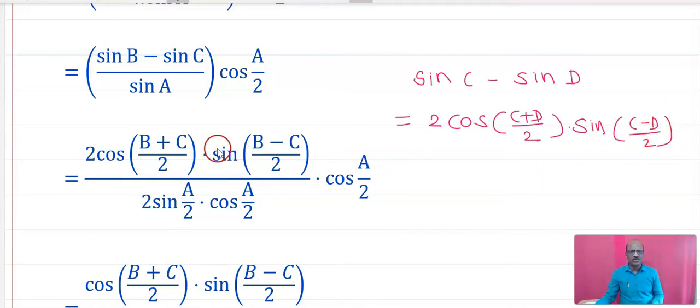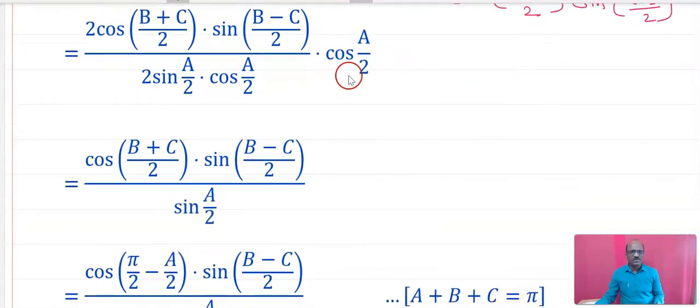Now the same formula we apply here. That is 2 times cos of (b plus c) upon 2 into sine of (b minus c) upon 2, upon 2 sine a by 2 into cos of a by 2, into cos of a by 2. Now the cos of a by 2 gets cancelled, and the 2 gets cancelled. Cos of (b plus c) upon 2 into sine of (b minus c) upon 2, upon sine of a by 2.